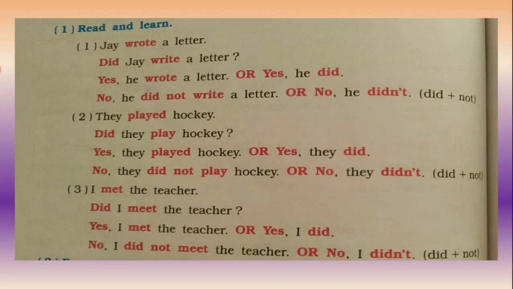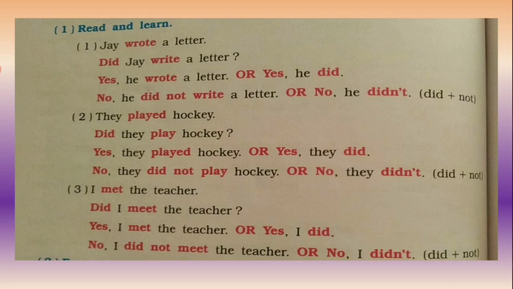Then Joy wrote a letter. In interrogative, did Joy write a letter? And in affirmative, yes, he wrote a letter, or yes, he did. No, he did not write a letter. It's a negative sentence. Then next example, they played hockey. In interrogative, we will make here at first did. Did they play hockey?